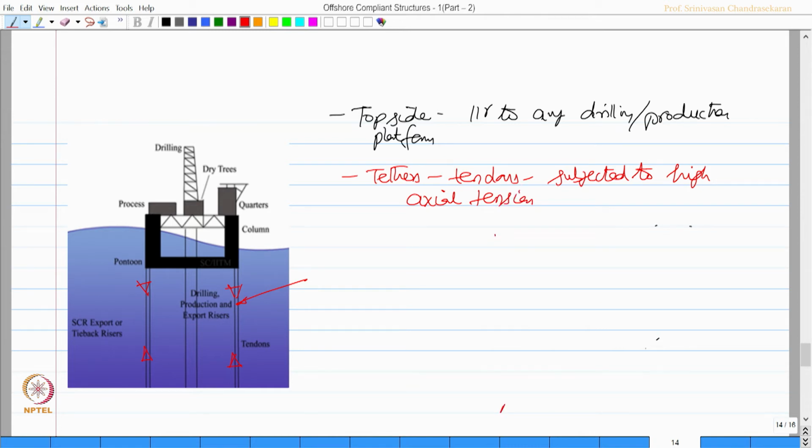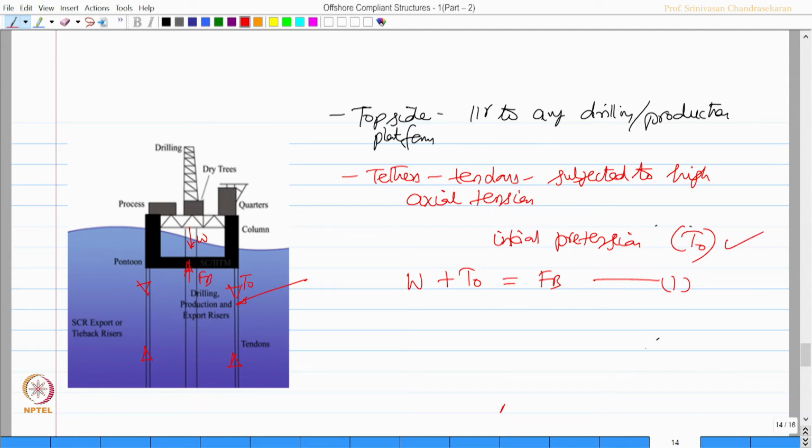They are called initial pretension, indicated as T0. So, now W will act downward, FB will act upward, T0 will act downward. So, W plus T0 will be FB. That is the equation of static equilibrium of tension leg platforms, where T0 is the initial pretension offered.